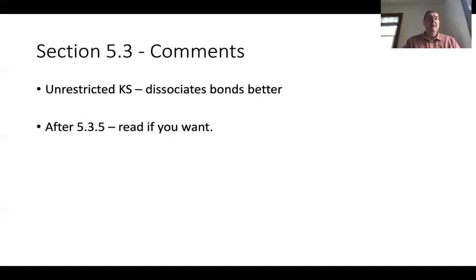So unrestricted Kohn-Sham, so you got odd number of electrons, or you've got an even number, and you're dissociating, it dissociates bond better. After this, after 5.35, read if you want, chat with me. But in the end, these are all sorts of details that aren't germane to the class for almost everything everybody's going to do, but I'm happy to chat if people are interested.